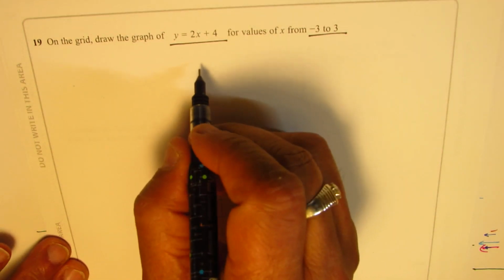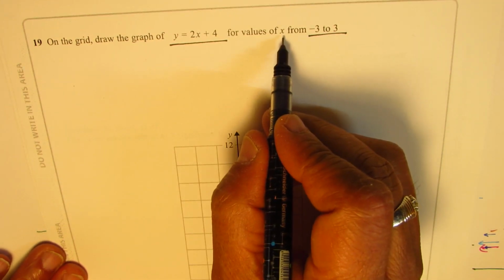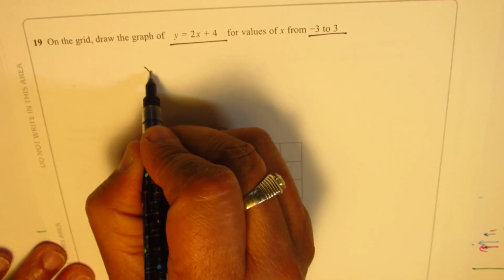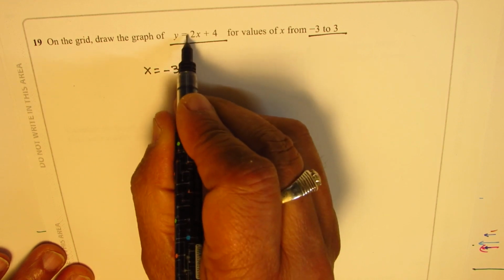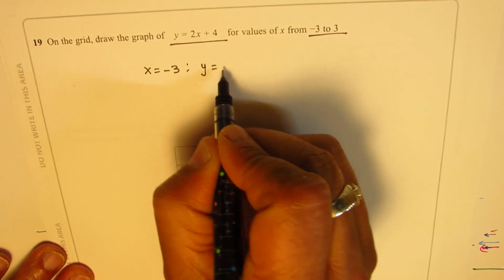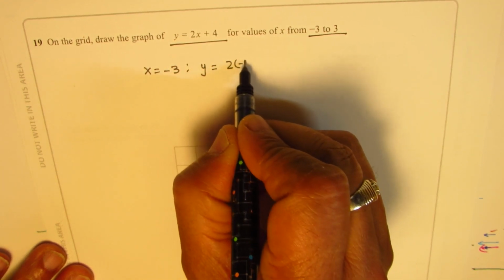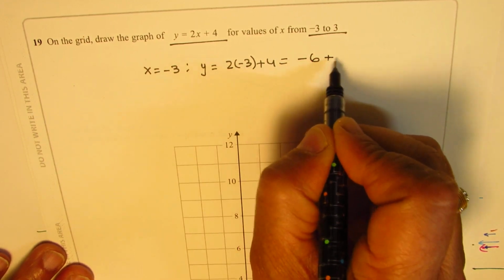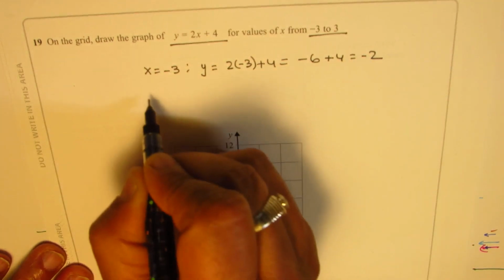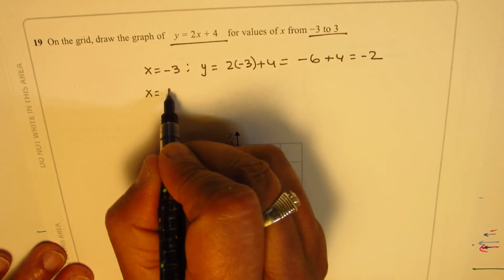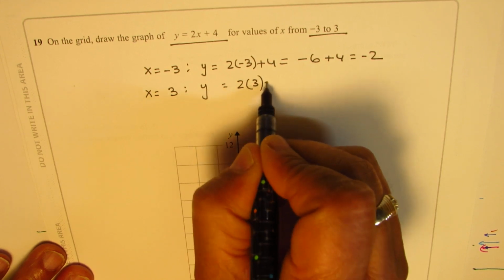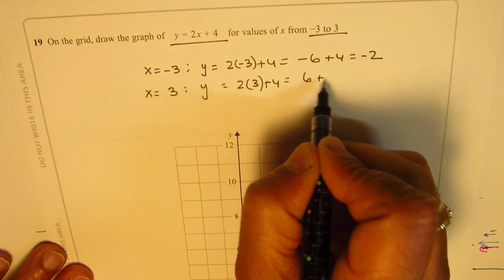So you can write down the value of x and calculate. If x equals -3, what do I get y equals to? y will be 2 times -3 plus 4, which is -6 plus 4, or -2. For x equals 3, we get y equals 2 times 3 plus 4, which is 6 plus 4 equals 10.